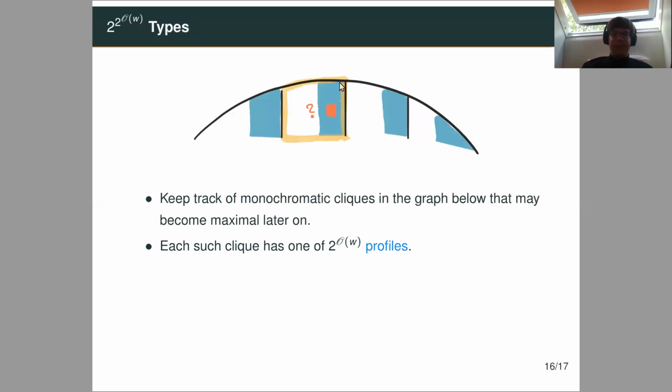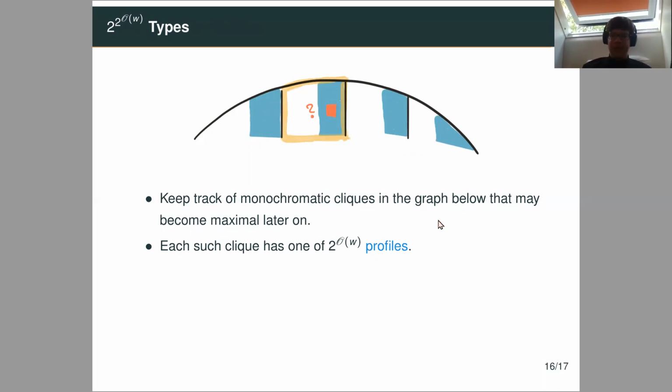And we describe these cliques in terms of their profiles, where a profile records for each equivalence class a constant amount of information. For example, we may record that in this clique, we have some vertices inside the intersection of the equivalence class with the color class.